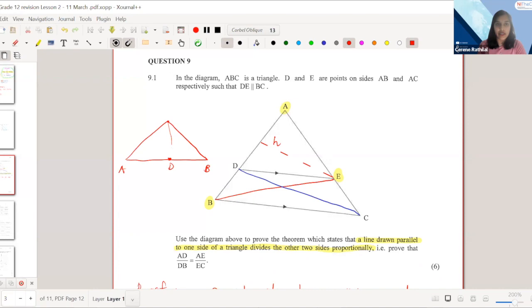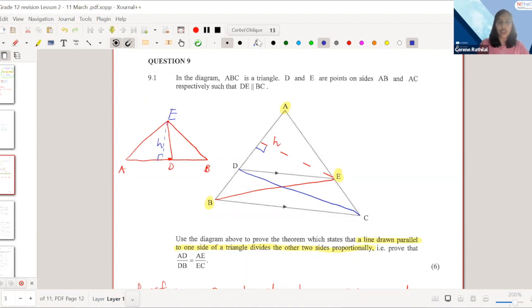So we've got that line connecting it there. And then we have the height, which is at a 90-degree angle. Okay, so this line that is drawn from E is perpendicular to AB. Right, so far, does everybody follow what I have done? So this is triangle AEB.